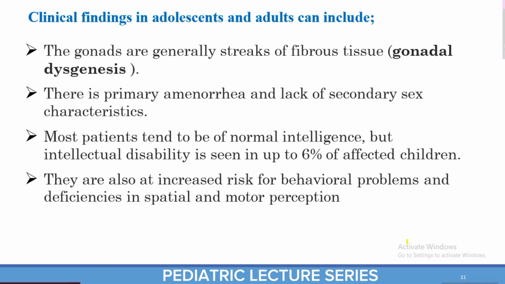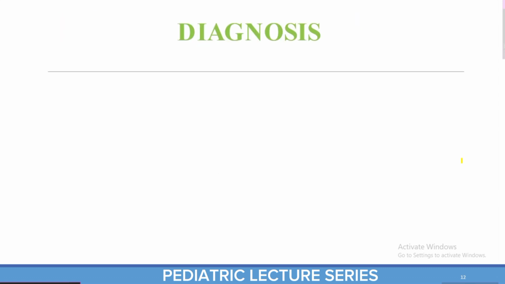Then you also have primary amenorrhea and lack of secondary sex characteristics in an adolescent who has reached the reproductive age. Most patients tend to be of normal intelligence, but intellectual disability is seen in up to 6%. They also have increased risks of behavior problems and deficiency in impartial and motor perception.